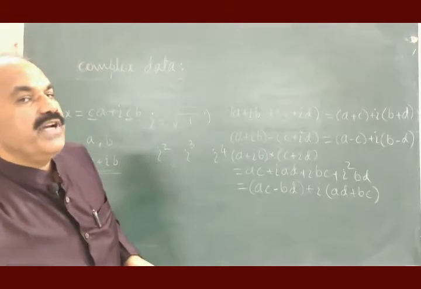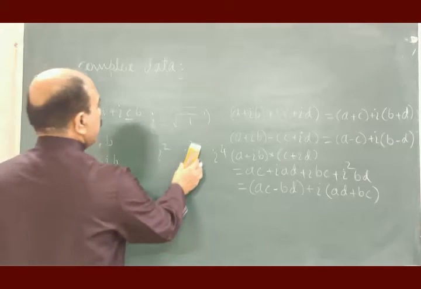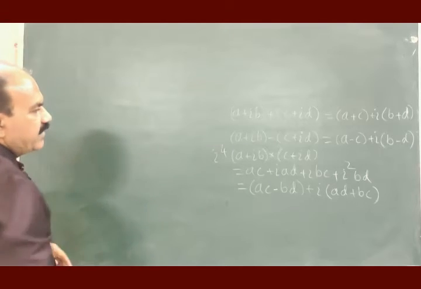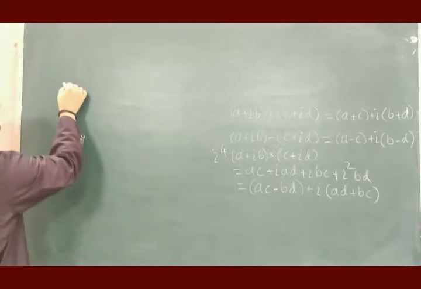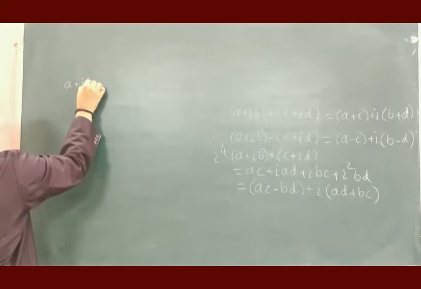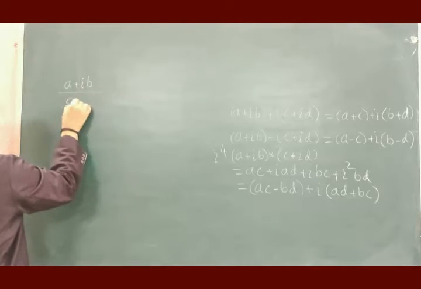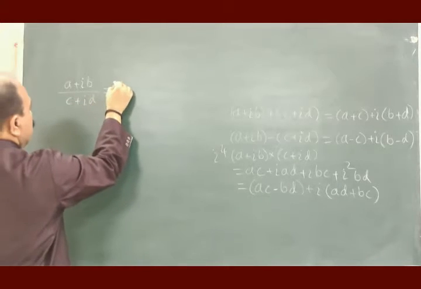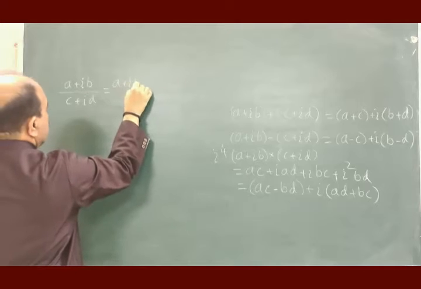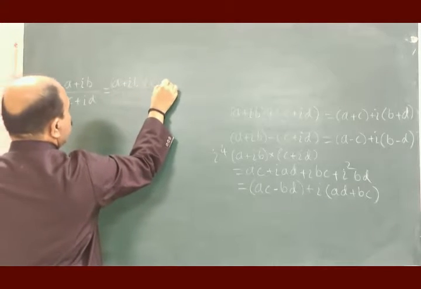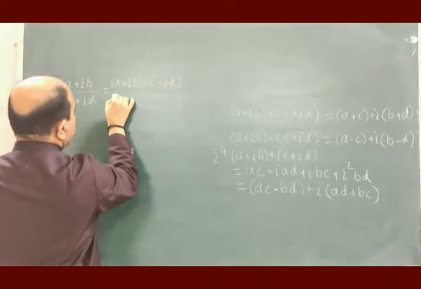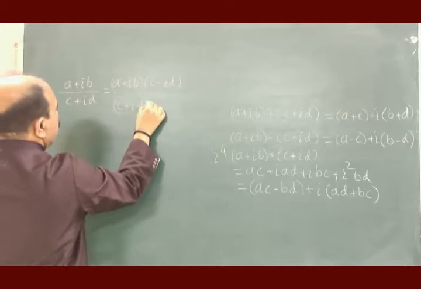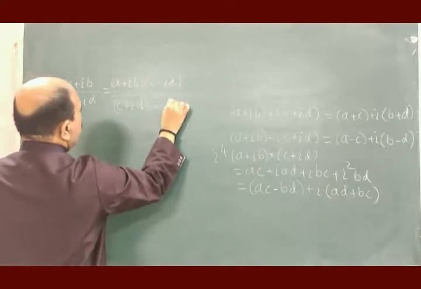Similarly, you can go for division of two complex numbers. How to go for division? A plus IB divided by C plus ID is equal to A plus IB into C minus ID divided by C plus ID into C minus ID.